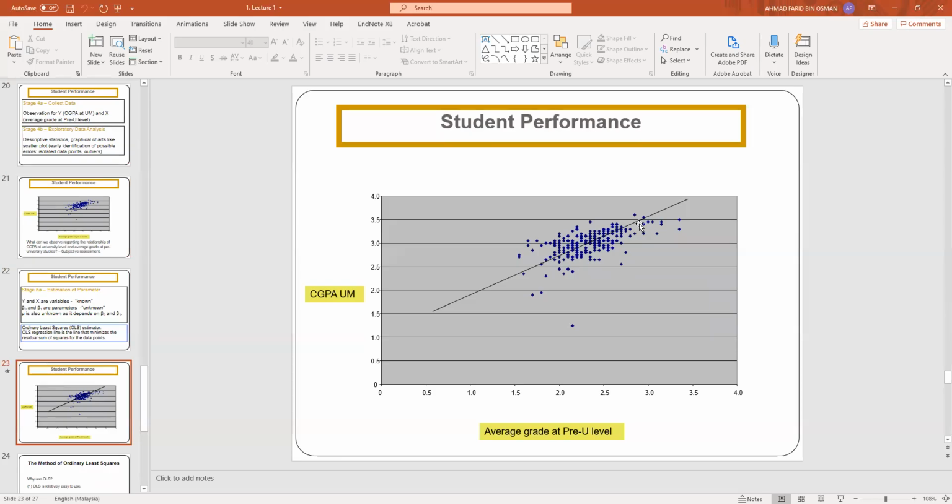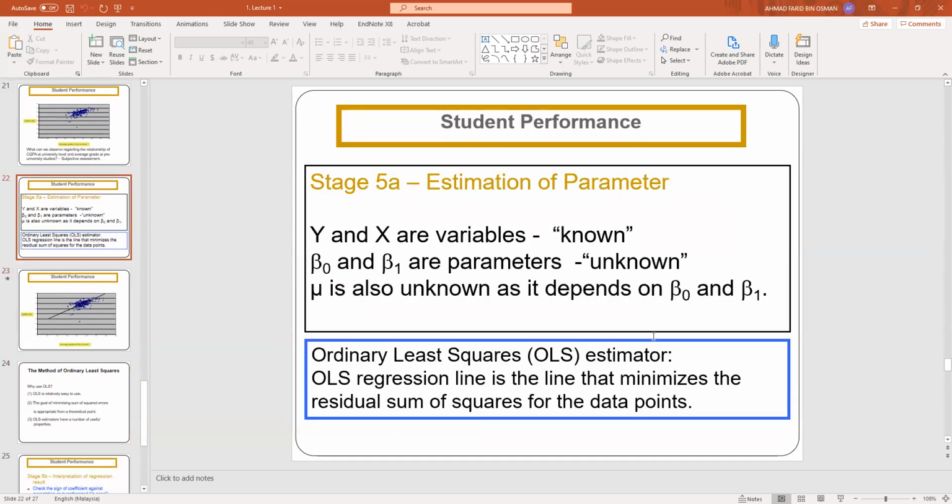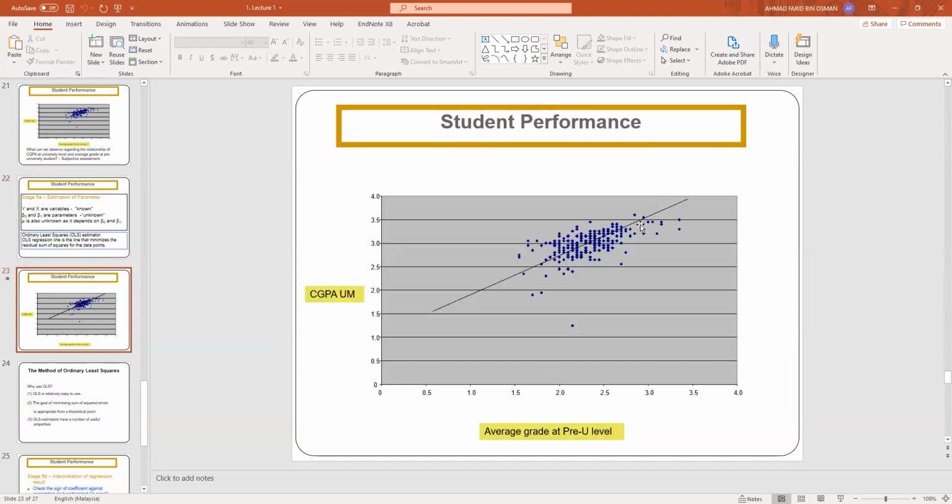So there are many possible lines you can draw to represent the relationship between y and x, but which one is the best one? So we use ordinary least squares, which means we would like to find a line that gives us the smallest sum of squared errors.